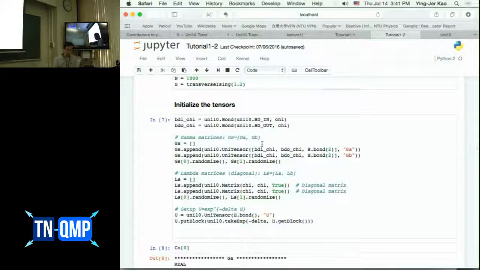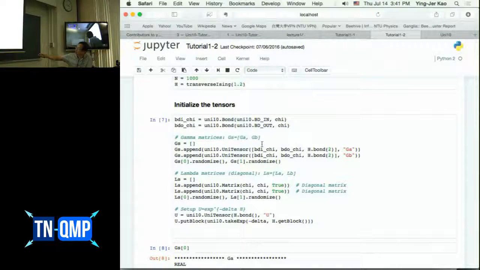Here's the code. So again, I define in bounds and out bounds. So I define these tensors. I have two tensors, the gamma A, gamma B. Basically, I just define these unit tensors. So this tensor is a three-leg tensor.